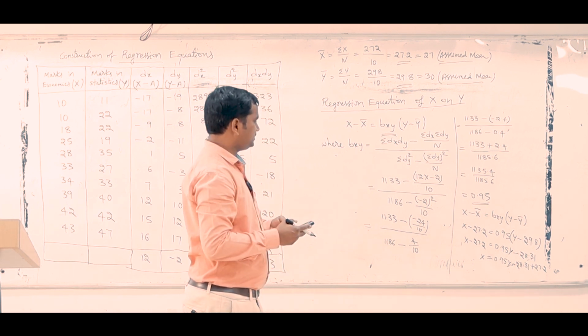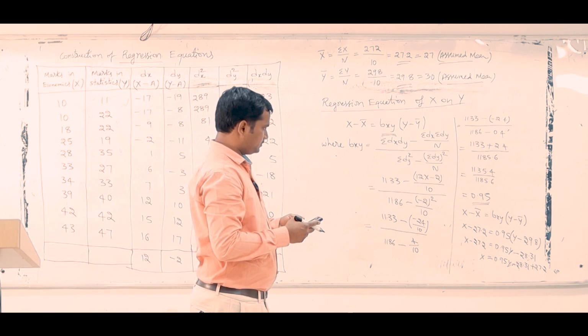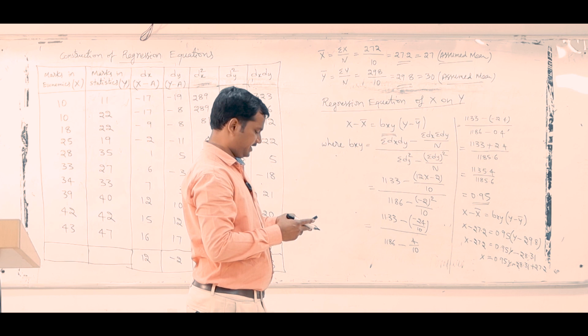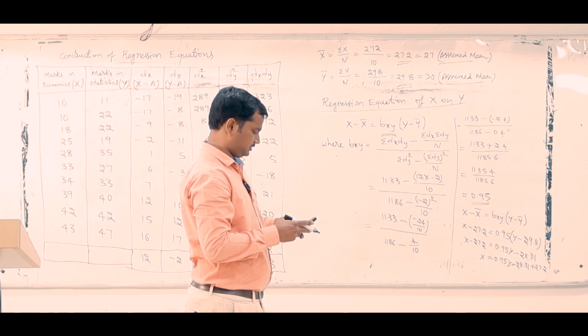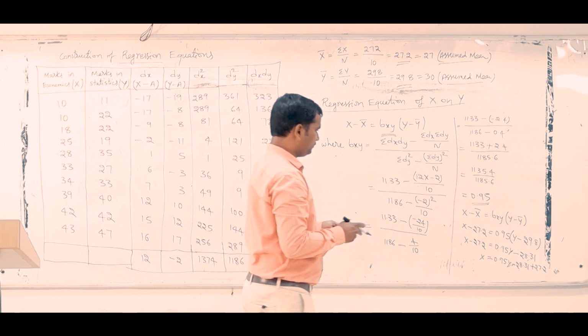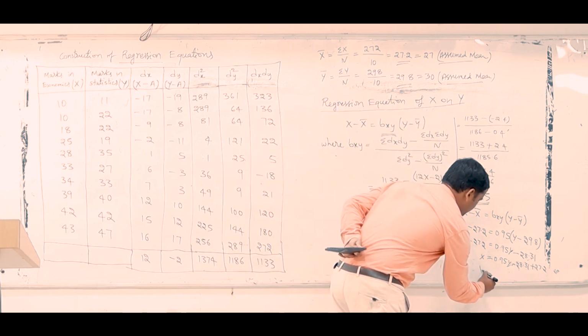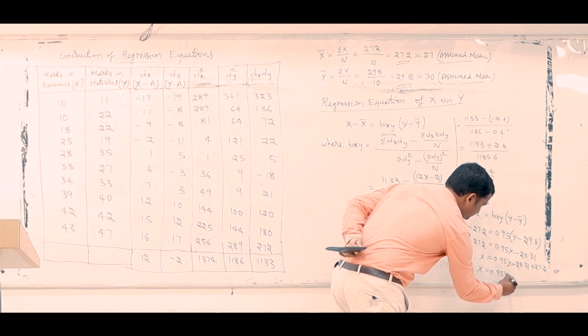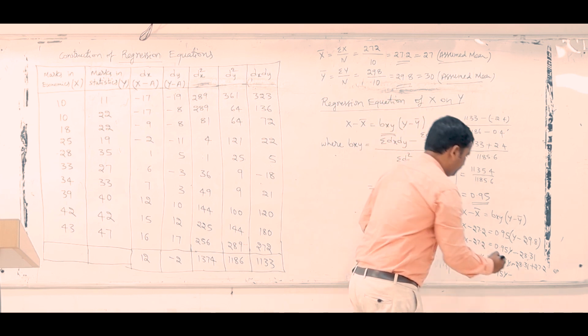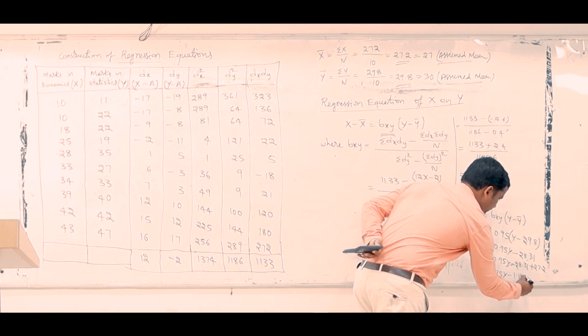So finally the x equation will be, from 28.31 we should deduct that 27.2, we get 1.11. Then finally the x equation will be 0.95y minus 1.11.